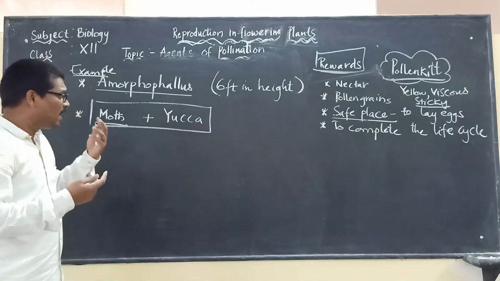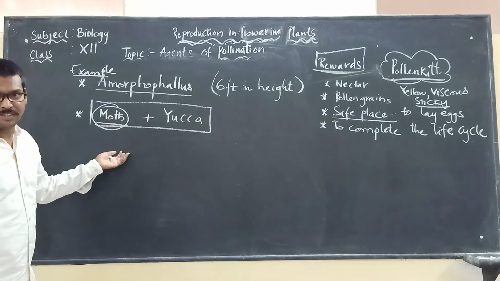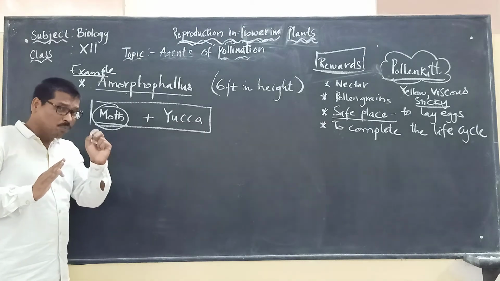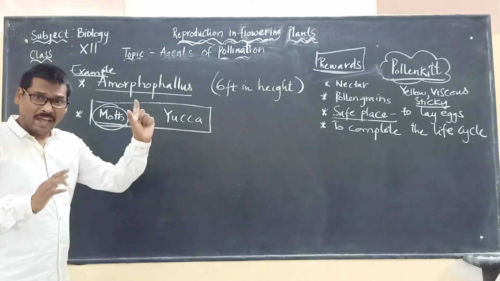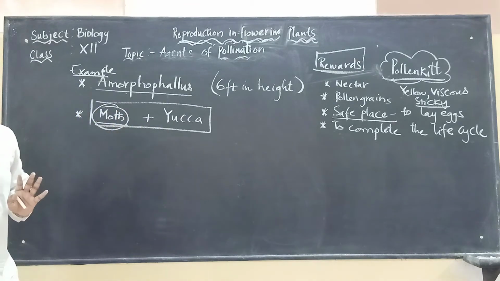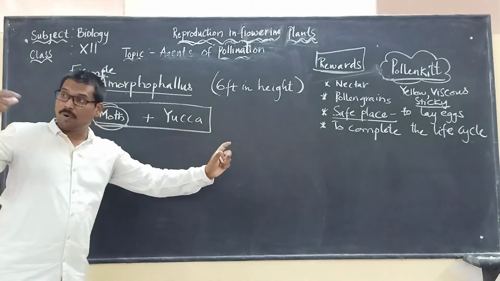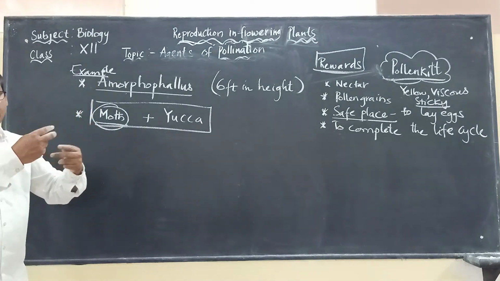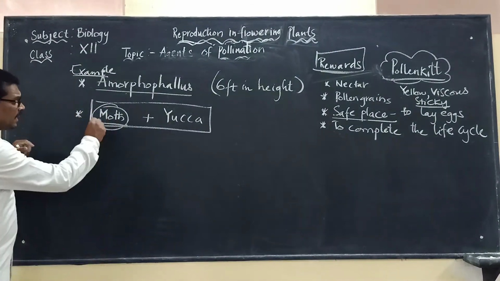You may get a doubt now why it is only the moth, since pollination can take place with other insects. But here we have to remember that most plants will be adapted to certain types of animals, where only with those animals they will be involved in the process of pollination. Which means in simple terms, there will be one particular animal pollinating one particular flower. That becomes a very close relationship between the plant, flowers and that particular insect. So the same thing we are applying here, that moth and yucca.